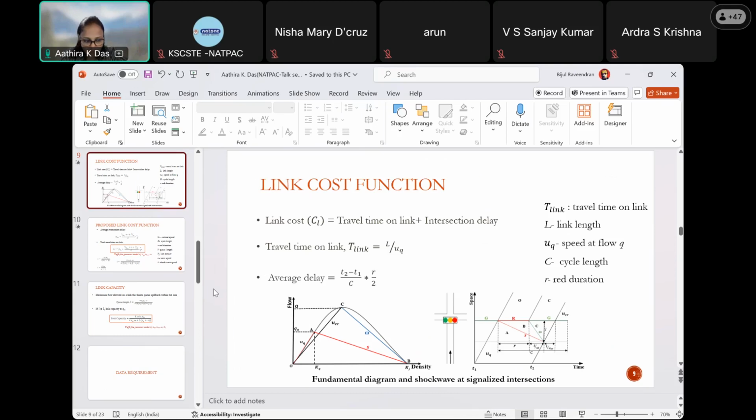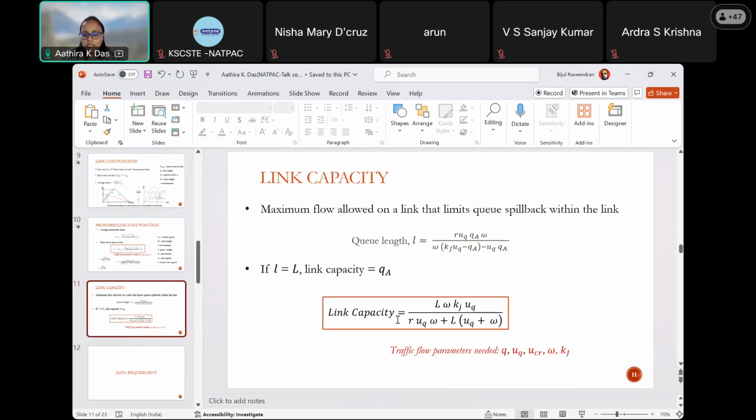If this is a mixed traffic condition, the flow parameters will be used accordingly. The link capacity depends upon the link length, these flow parameters, and the signal settings. These three different parameters have been used in this link capacity. That is the main difference.